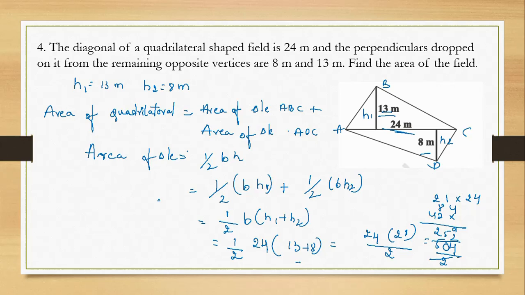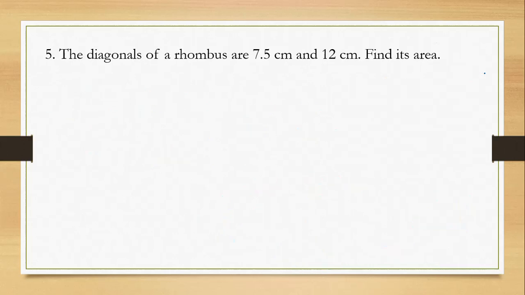The answer will be 252 meter square. Okay, the area of the field is 252 meter square. Next we move on to the next question, and this is a direct question on the rhombus.